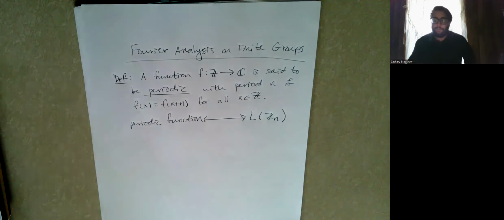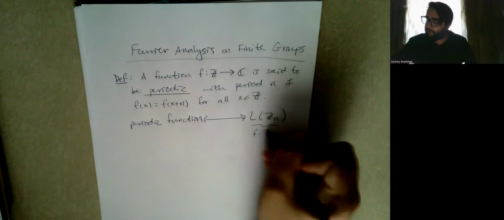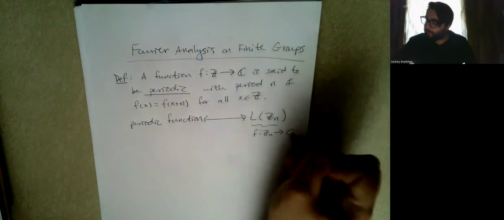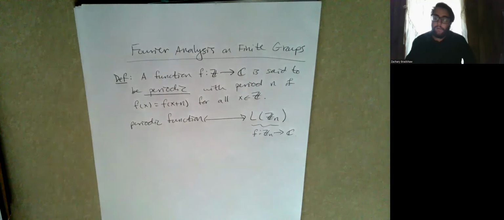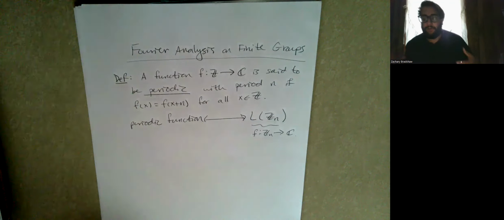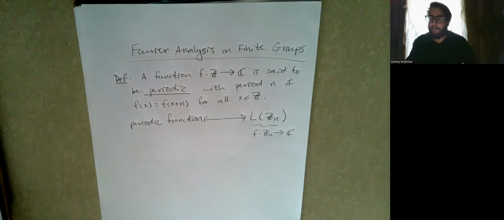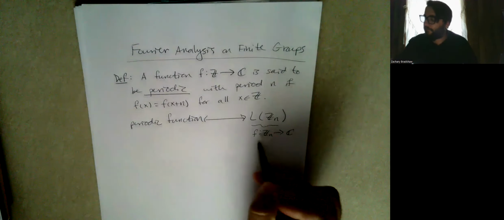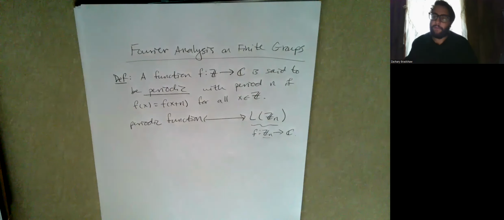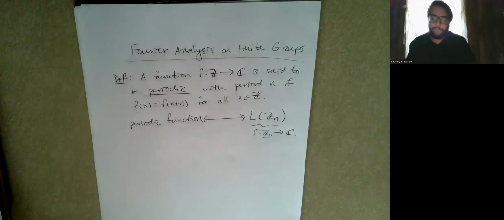So why is this the case? Well, first of all, let me just remind you, this is all functions f from Z_n to C. Periodic functions are functions that are constant on equivalence classes modulo n. And so they're essentially functions that map the integers modulo n to complex numbers. So you can kind of see how the bijection comes out there.